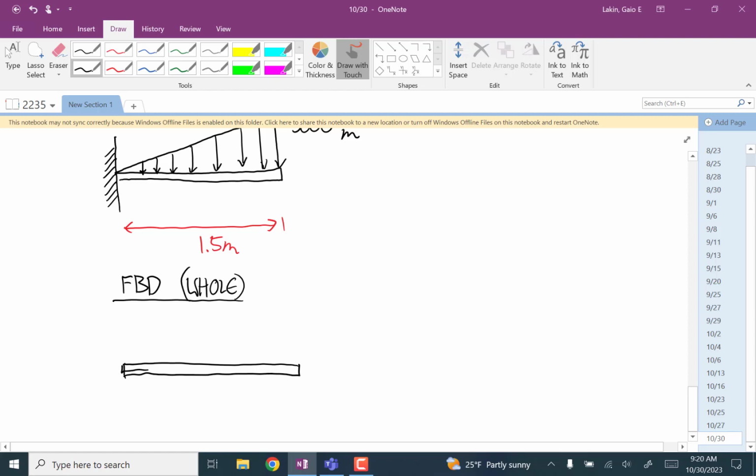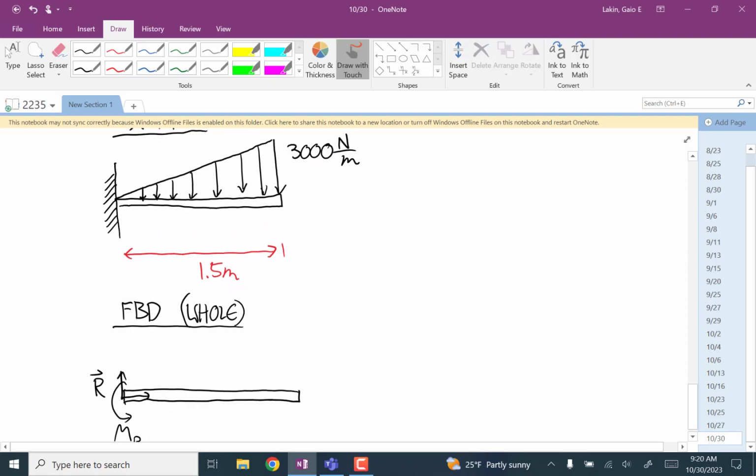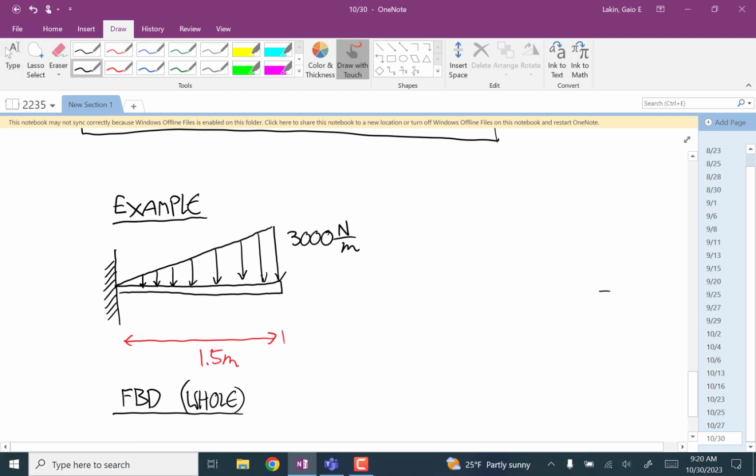It's a fixed joint at the wall, so call that R and a couple of MR. That distributed load has a length of 1.5, a height of 3,000.